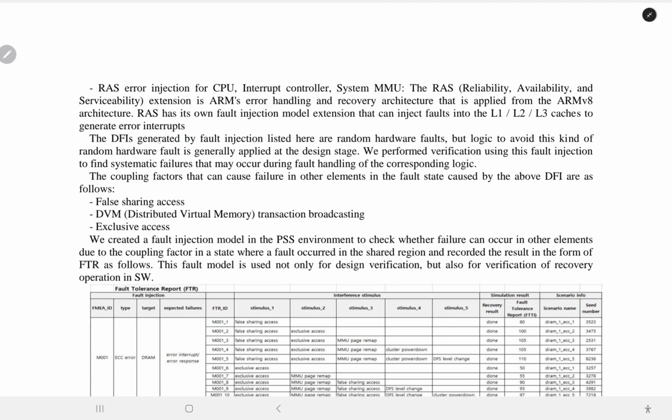So the DFIs generated by the fault injection listed here are random hardware faults, but the logic to avoid this kind of random hardware fault is generally applied at the design stage. We performed verification using this fault injection to find systematic failures that may occur during fault handling of the corresponding logic.